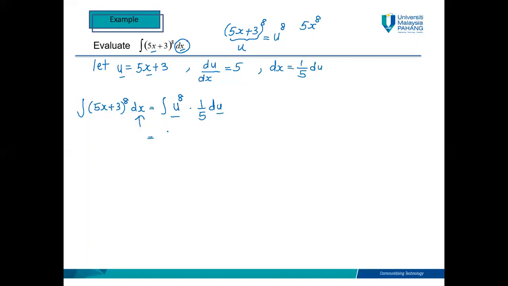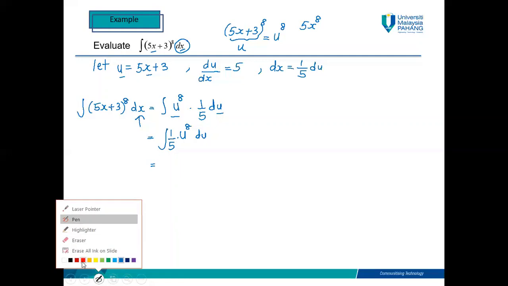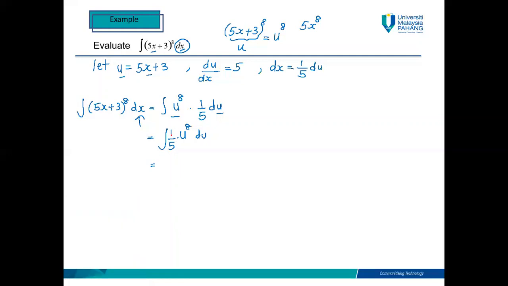Okay, so macam mana nak integrate? And actually this one dia akan jadi u power of 8. Okay, 1 over 5 saya bawa ke depan times u power of 8 du kan. Alright, so kalau you ada constant, bawa constant ke depan. Sebab 1 over 5 times u power of 8.